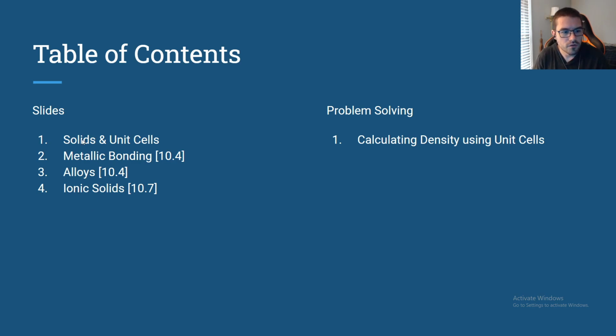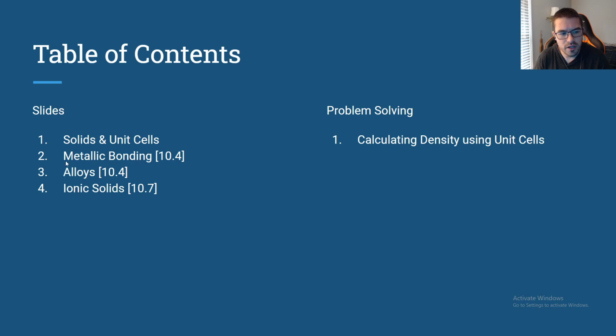Okay, so we're going to talk about solids, both metals and ionic solids. We're also going to talk about these things called unit cells, and we're going to use unit cells later in the problem-solving video to calculate density of substances. There will be a separate problem-solving video that will come after this video.